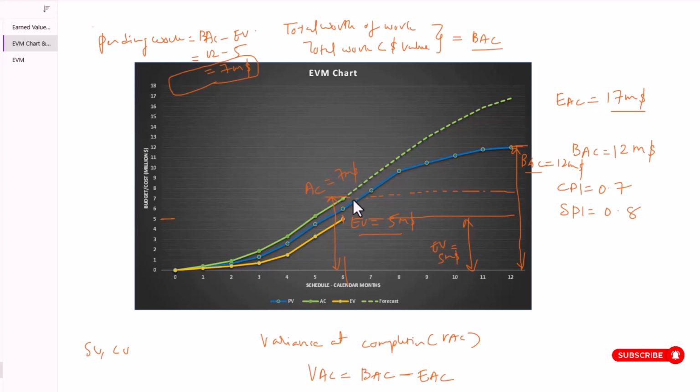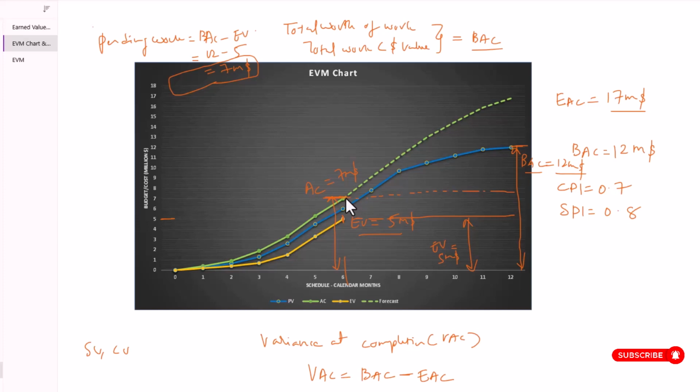Now if someone asks you how much more money you have left in your pocket, I would take the budget, 12 million, and subtract the actual cost, how much money I have spent so far. That will give me the amount of money left in my account.